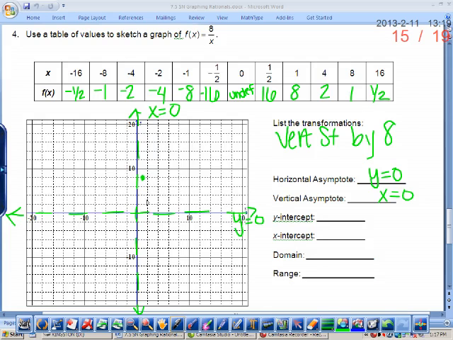Notice that your scale is going by 2. And do your best to connect your curve.